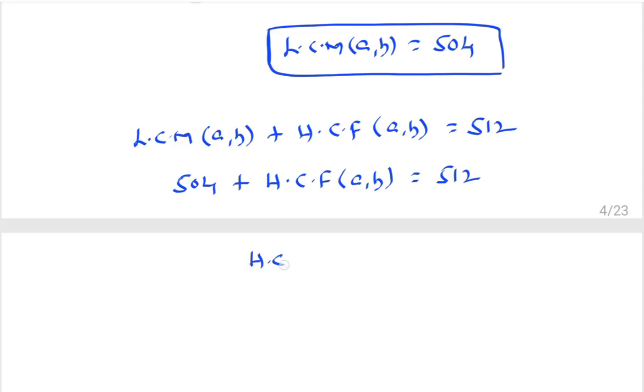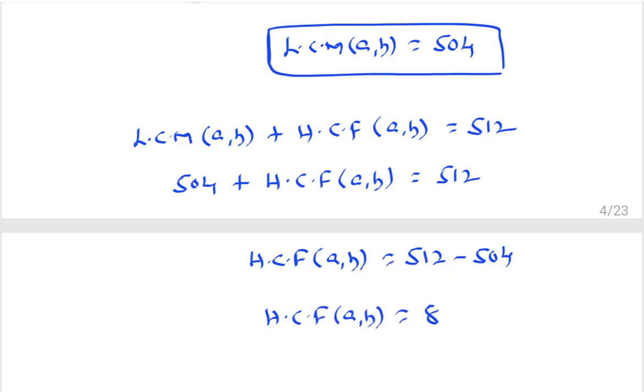Therefore the highest common factor of a, b will become, on transposing, 512 minus 504, which is 8.